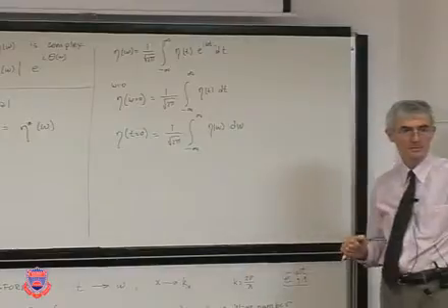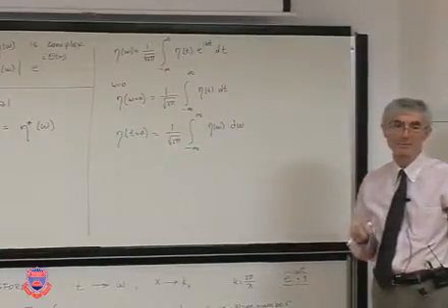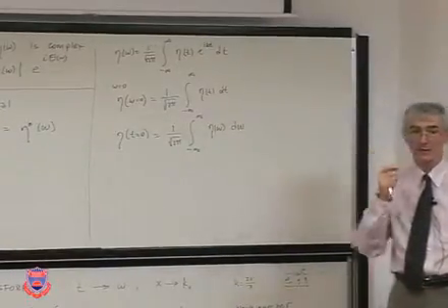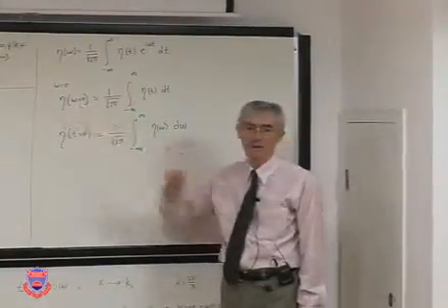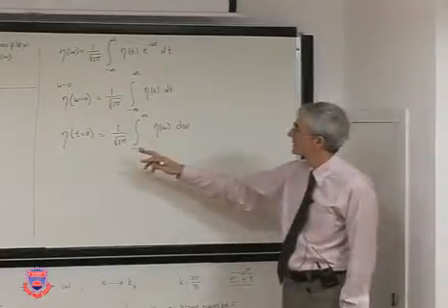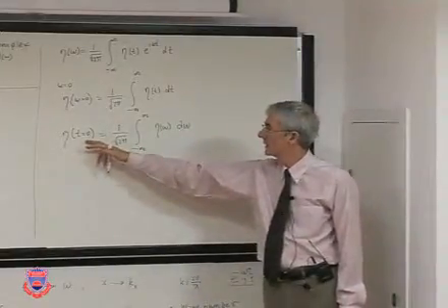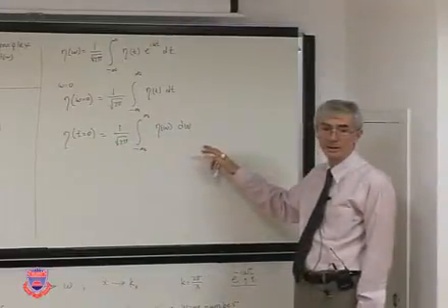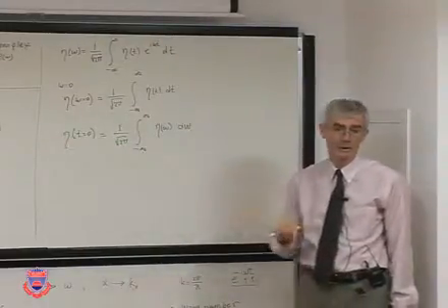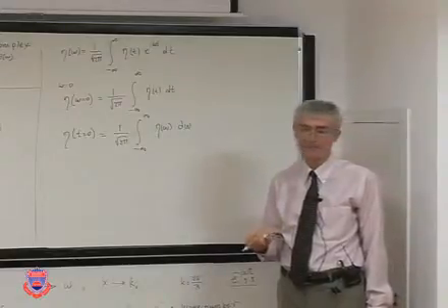So if you happen to know the spectrum of a function, you can get its entire integration by looking at the DC value. And similarly, the value of a function at t equals 0 gives you the integral of all the frequencies.